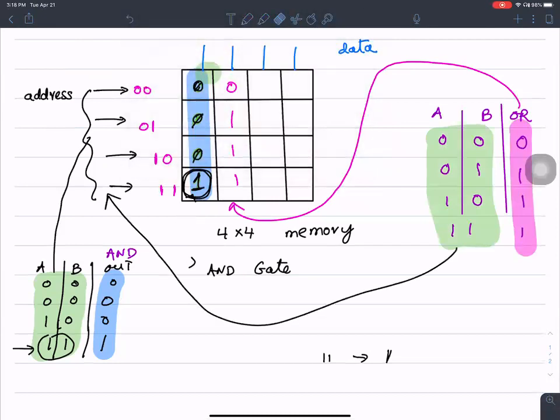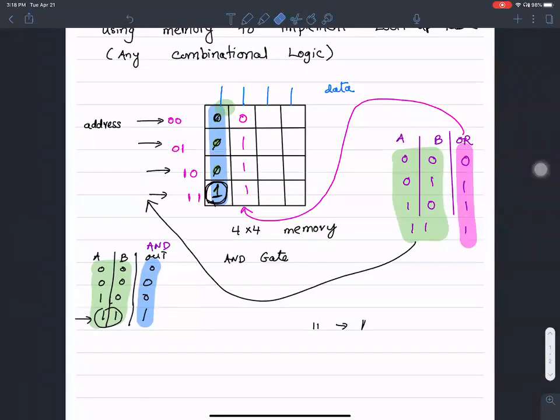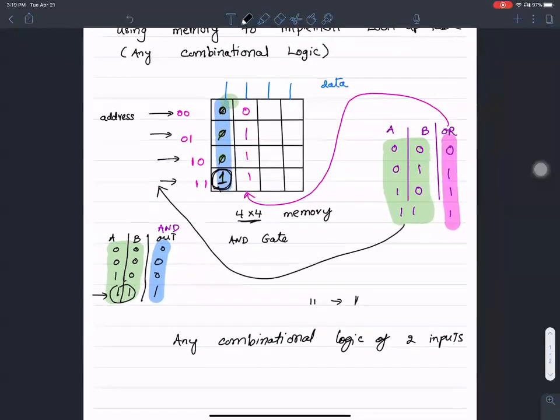When I do that, I implement a lookup table for the OR gate. So that's the idea. We can implement any combinational logic of 2 inputs using a 4x4 memory.